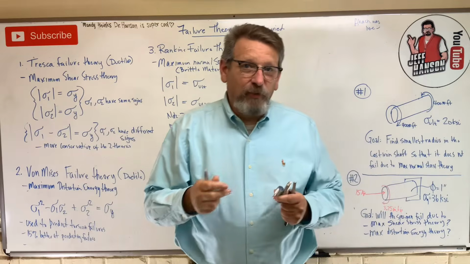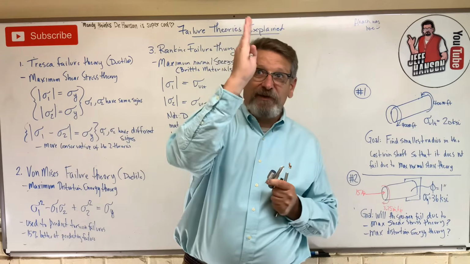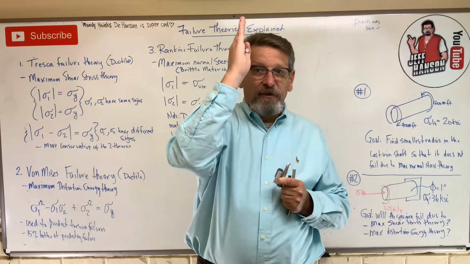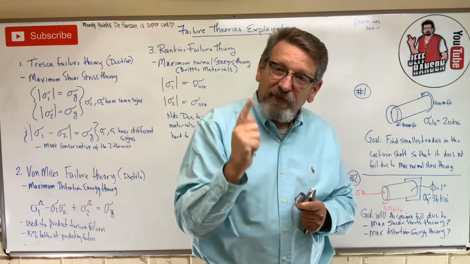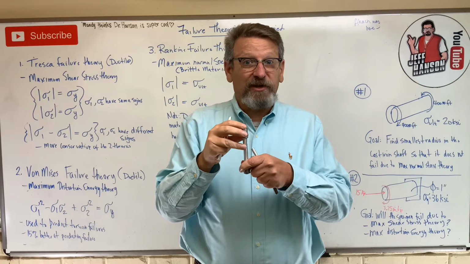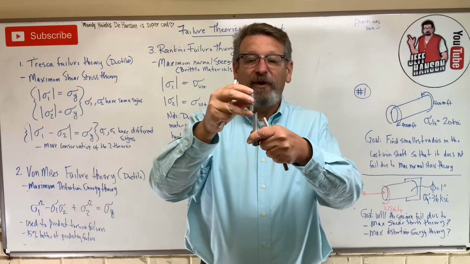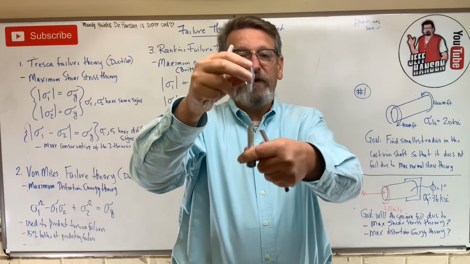Well, remember, in Mohr circle, we have to double the angle, and tau max is at the very top of the circle, which is 90 degrees, but in the real world, that's 45 degrees. So at 45 degrees, that shear stress is the very highest, and when it shears in half, it tears on a perfect 45-degree angle.